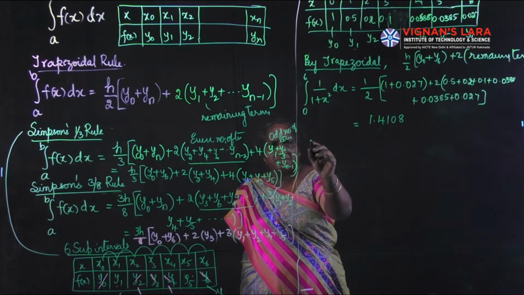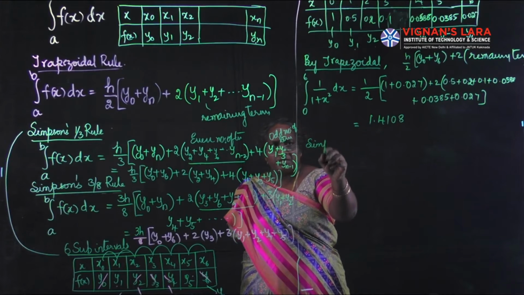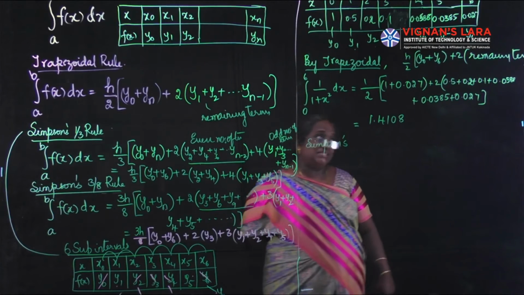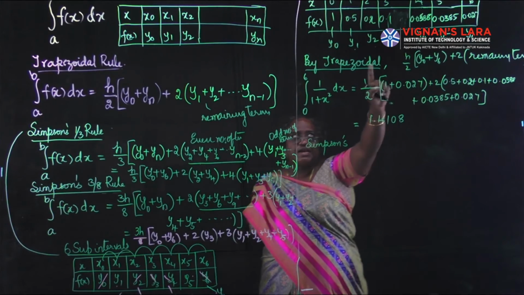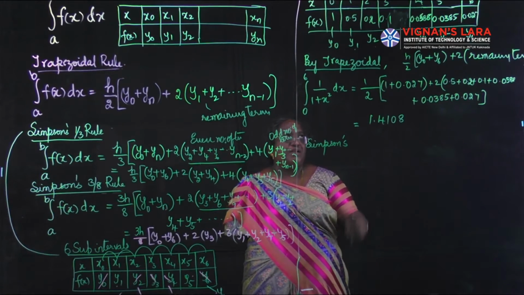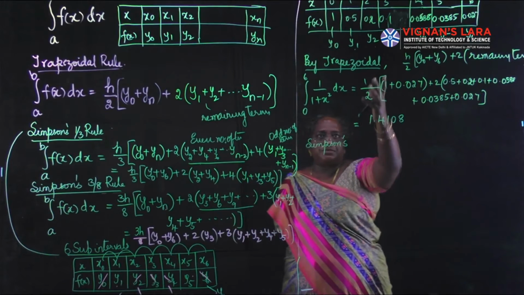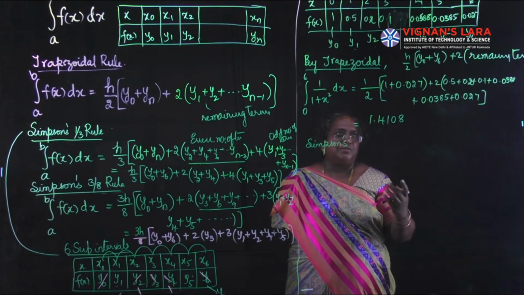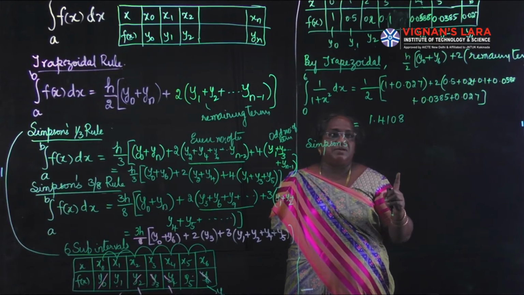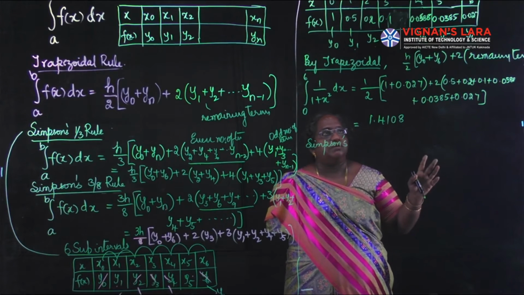Next, Simpson's 1/3 rule. Because I have taken the number of subintervals as 6, I can use the same table for all the 3 formulae. If I take 8, I can use it only for trapezoidal and Simpson's 1/3, because the trapezoidal rule has no restriction on the number of subintervals, and Simpson's 1/3 needs multiples of 2, and 8 is a multiple of 2.